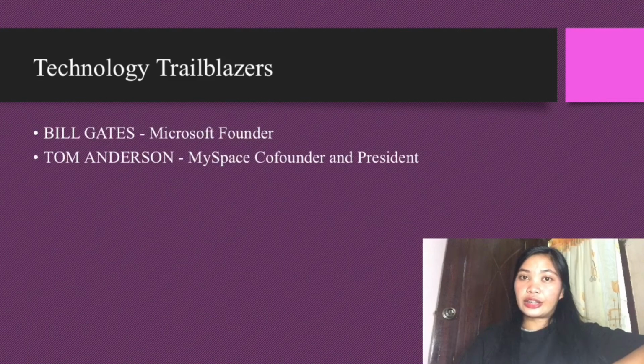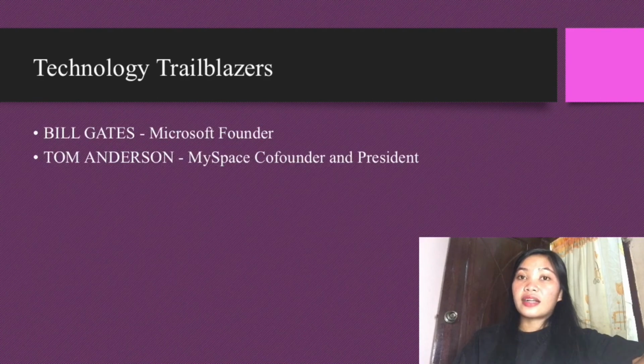This decision to license rather than sell the software is considered one of the wisest business decisions Gates ever made. Today, Microsoft's Windows and Office products dominate the software market.